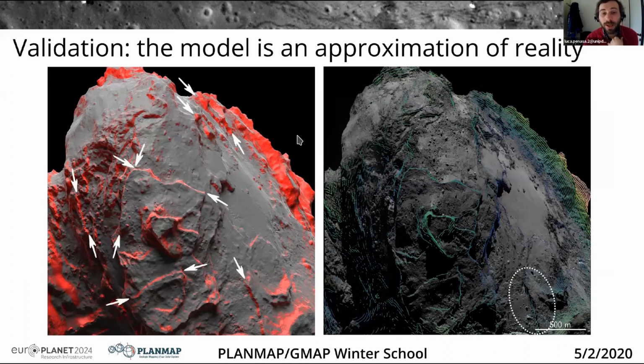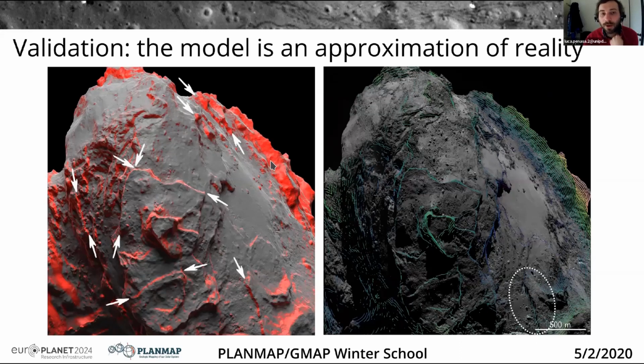For example, here we have a real picture of Comet 67P taken by a camera on board Rosetta. On top of that, I produced a three-dimensional representation of the lines. I was also able to correctly orient the 3D model in this rendering to look exactly like the image.